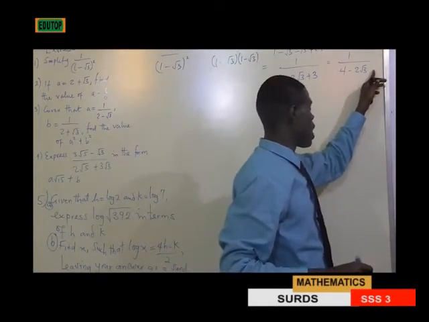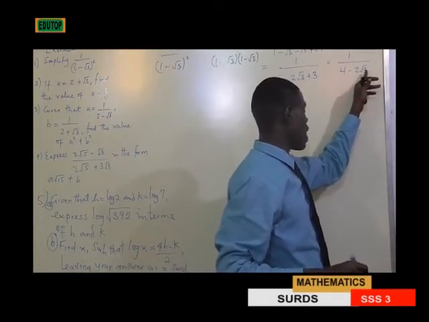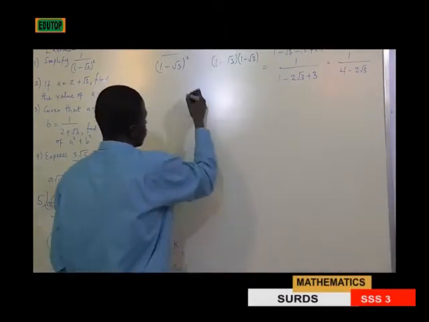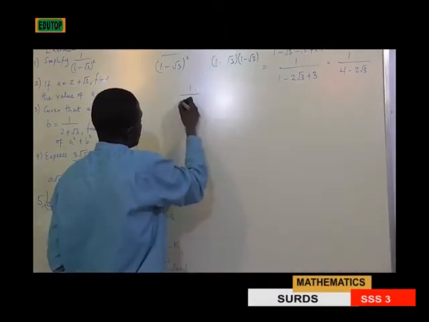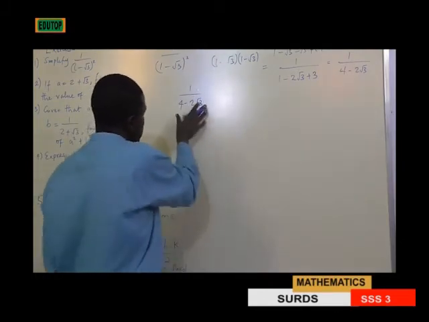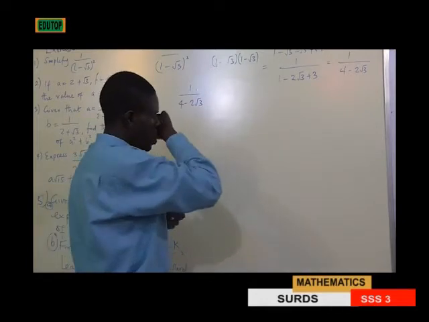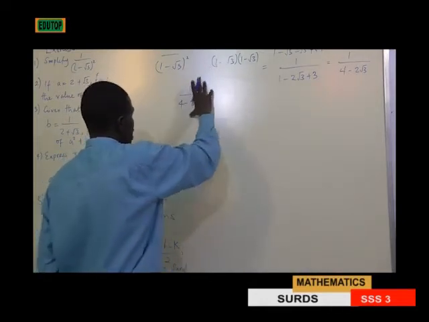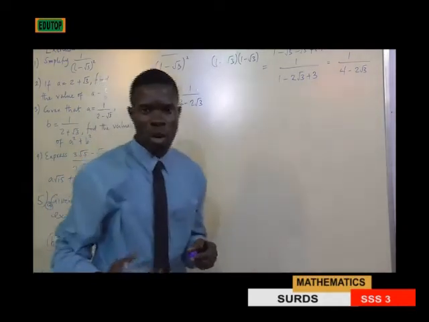We still proceed. And before we can proceed further here, we have to employ the concept of rationalization. So if we want to employ the concept of rationalization here, since this is the base, we are meant to multiply this term by the fraction of the conjugate.